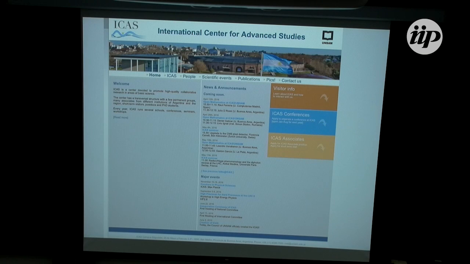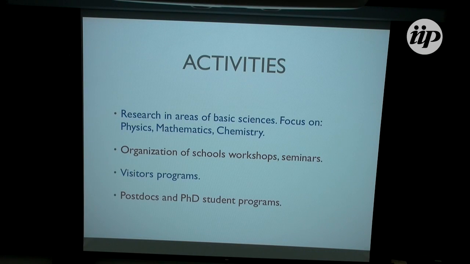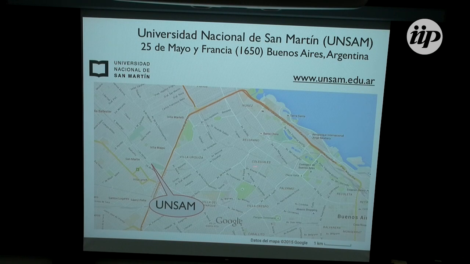It is a center which intends to work in a similar way as this institute here, to host not only research, but to also host many activities in the form of workshops, research programs, seminars, to have visitor programs.